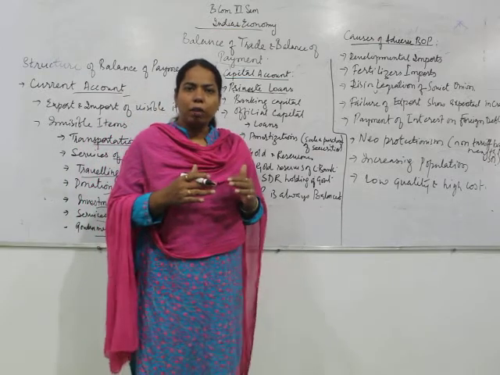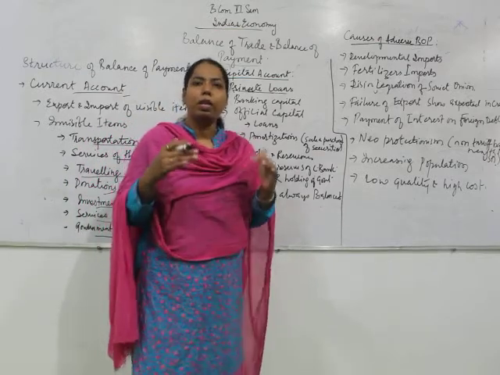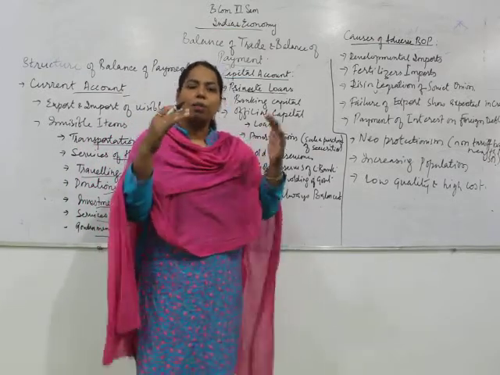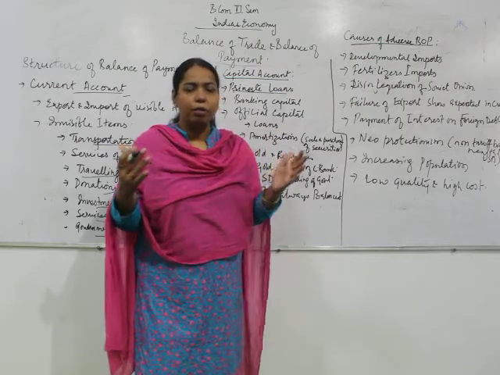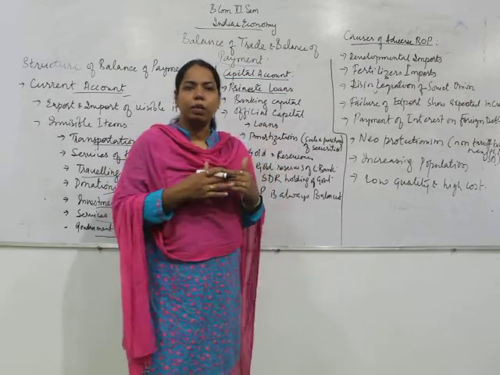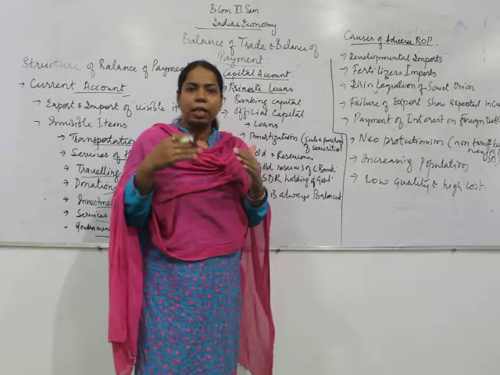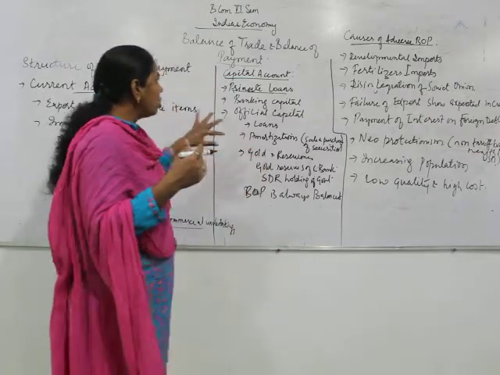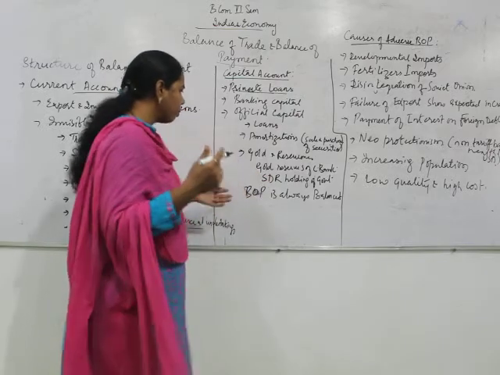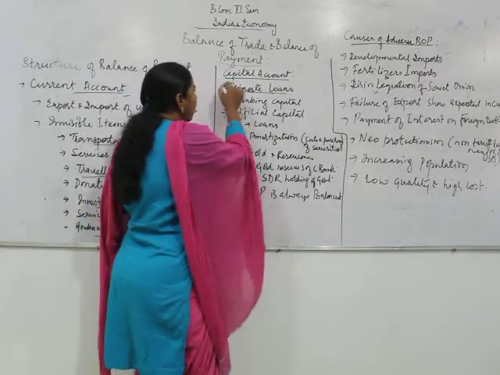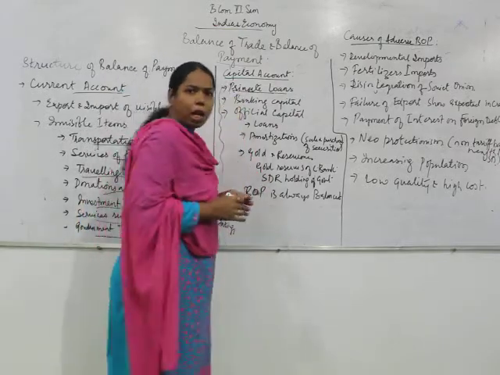If the gold reserves or the foreign exchange reserves of the central bank change, that is also part of the capital account. Similarly, the SDR holdings. So these are part of the capital account.